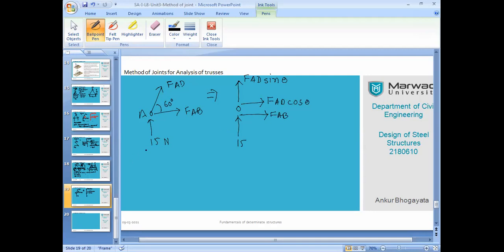Let's take sigma V. So 15 is moving upward plus FAD sine theta is also moving upward. So it will be FAD equals negative 15 upon sine 60.